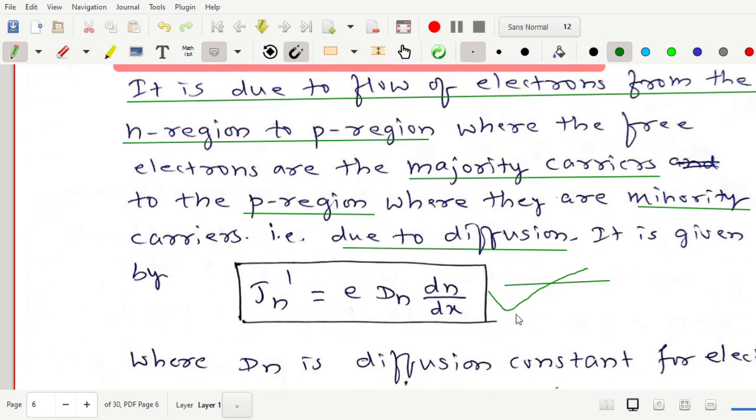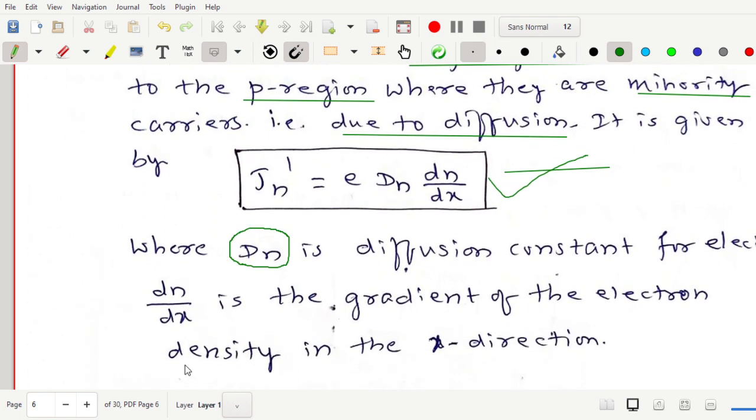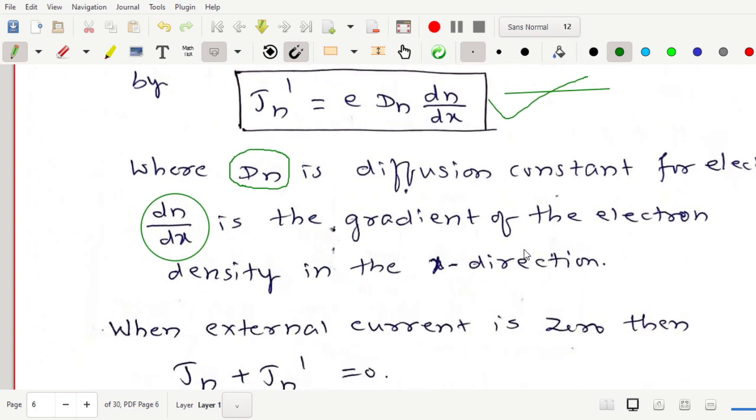In this expression Dn is diffusion constant for electron and dn by dx is the gradient of the electron density in the x direction.